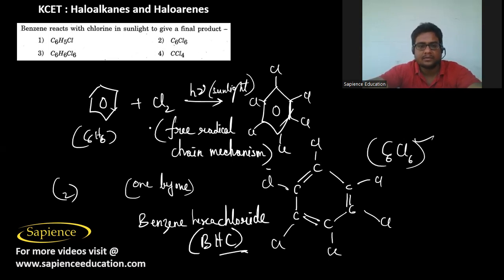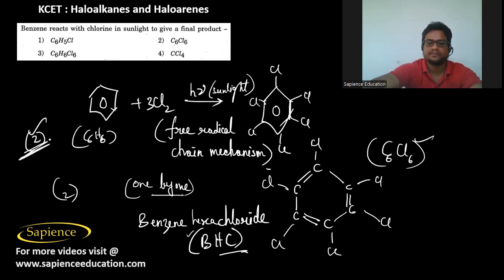So free radicals are formed, and one by one, all the hydrogens will be replaced by chlorine. Its common name is benzene hexachloride, and the IUPAC name will be hexachlorobenzene. So option 2 is the correct answer.